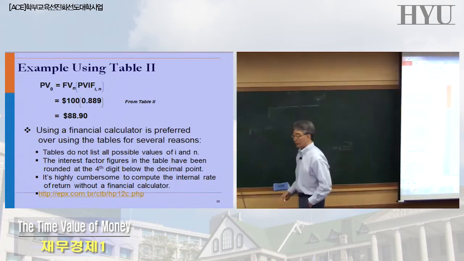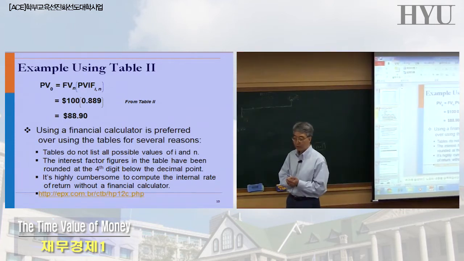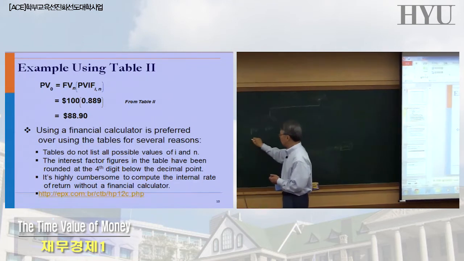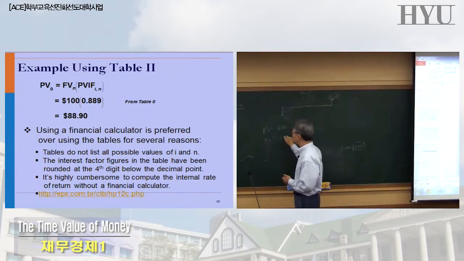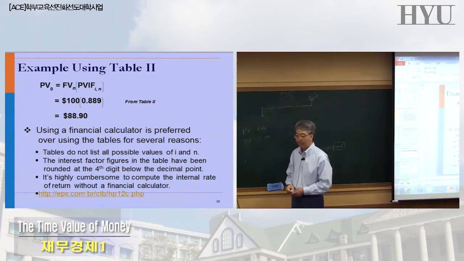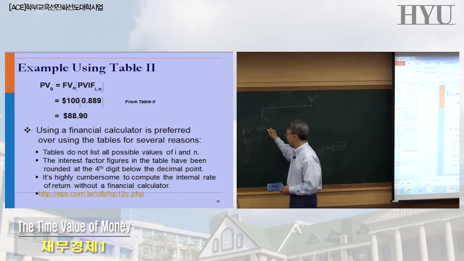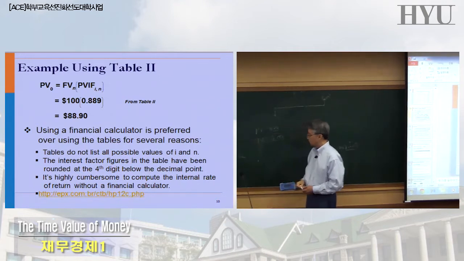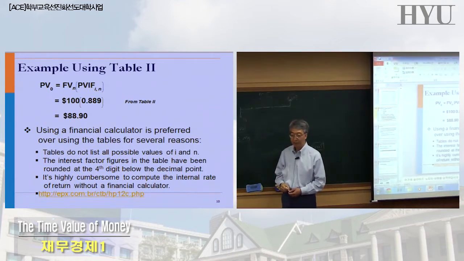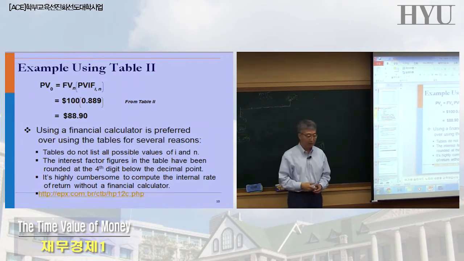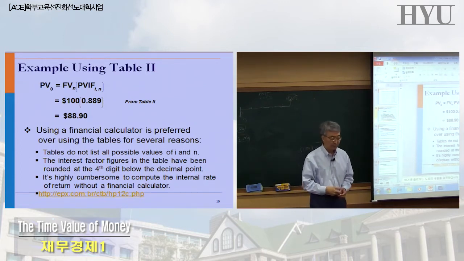Somebody promises you, if you invest $800 today, I'm going to give you $3,000 10 years later. Should you accept that offer? How should you make that decision? What do you need to know?